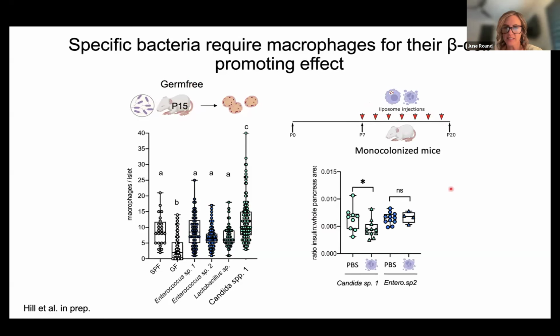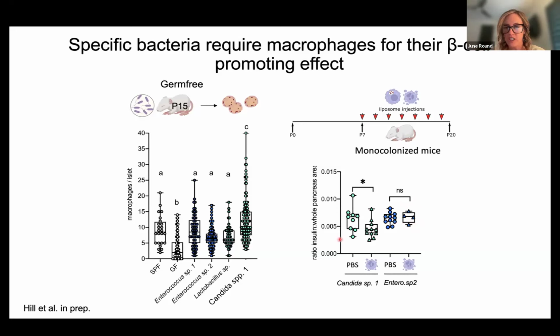And when she does this in the setting where animals are monoassociated with the Enterococcus species, depletion of macrophages doesn't seem to affect the ability of this organism to promote beta cell mass. So this suggests that there are other mechanisms by which Enterococcus does this.